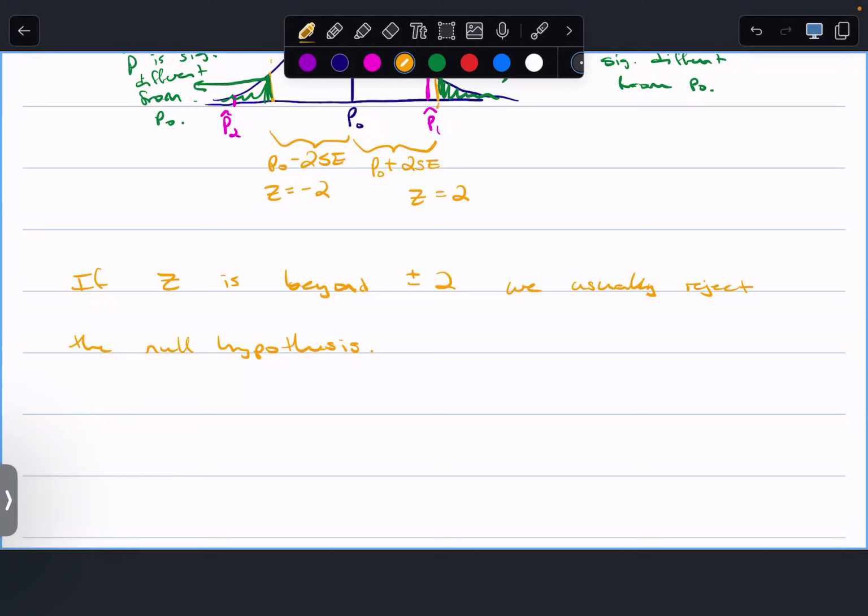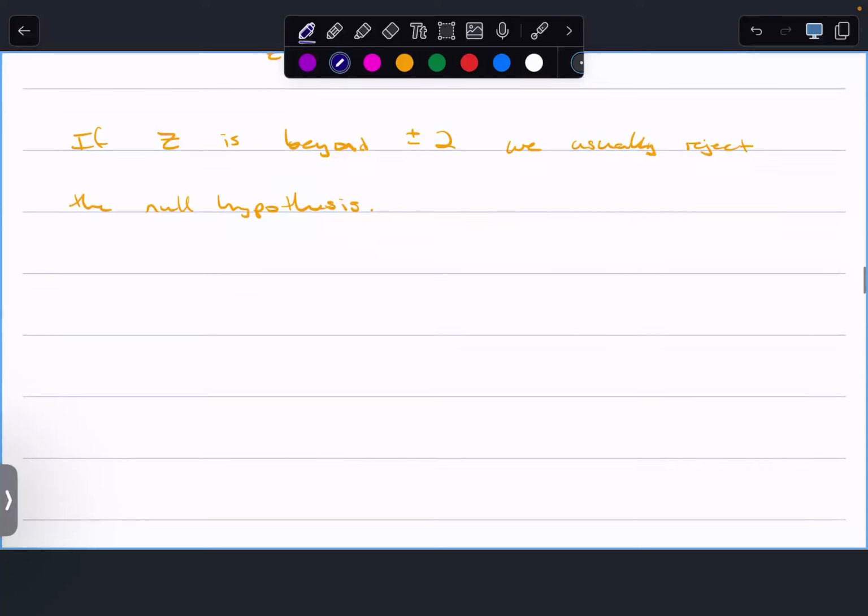Okay, and so in hypothesis testing, we don't communicate our results in terms of Z, right? We communicate them in terms of probabilities. Remember, this is the moneymaker of statistics. And so they want to be spoon-fed all this information.